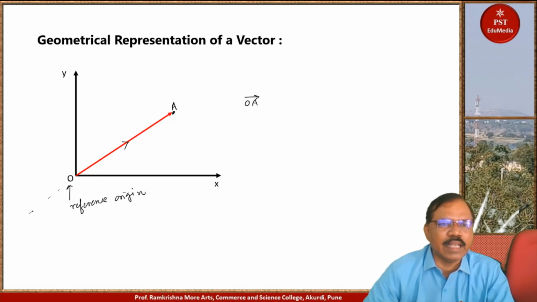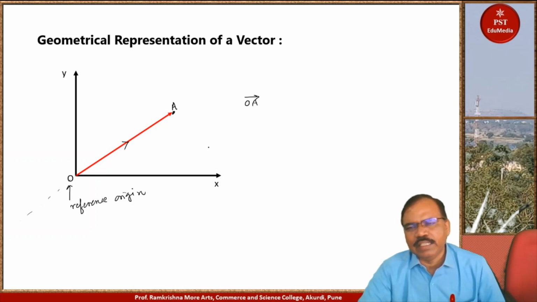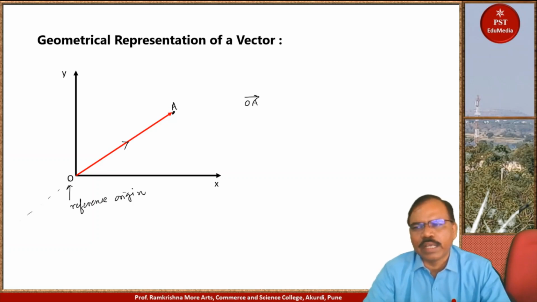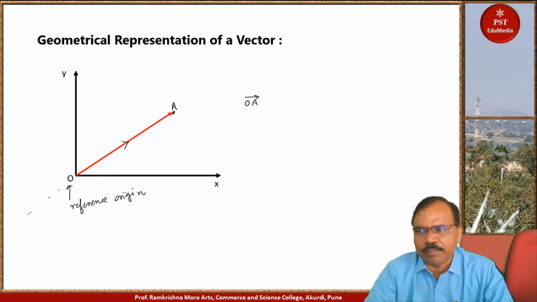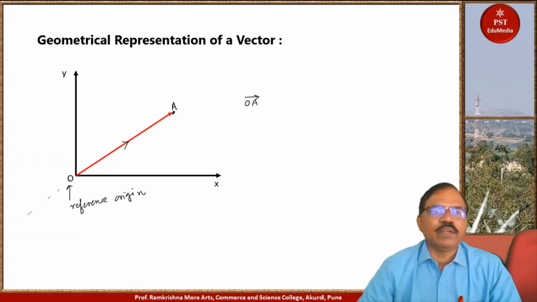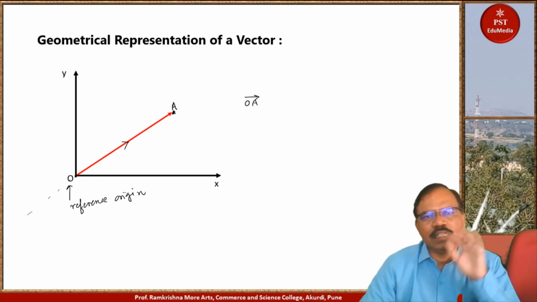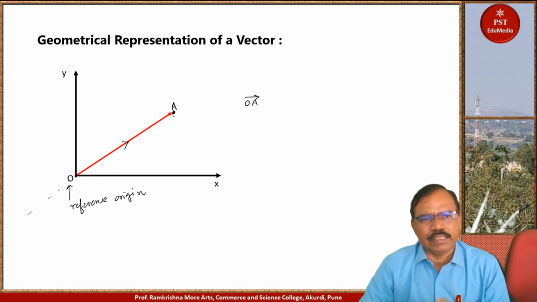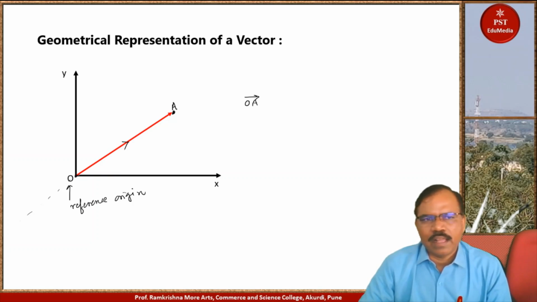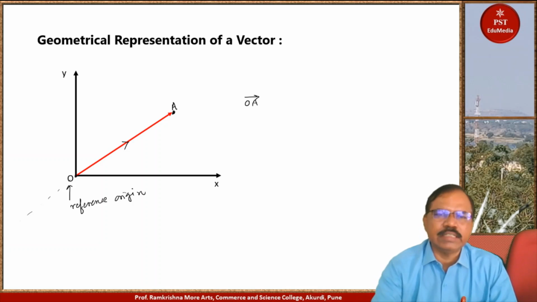Here O is the reference point, and point A is in space, maybe in three-dimensional space. So OA represents the position vector.